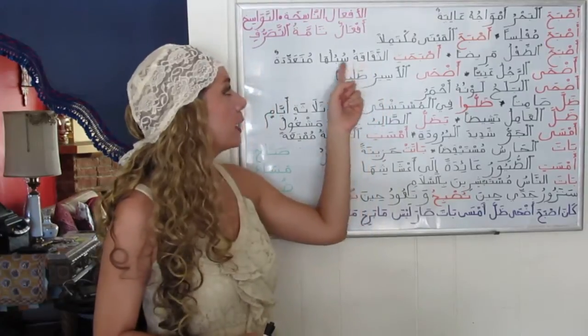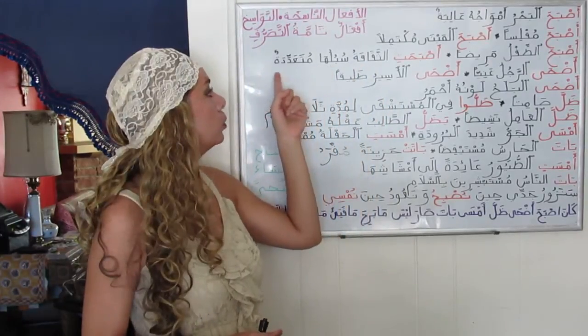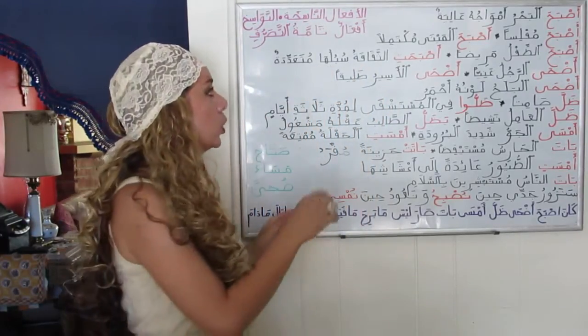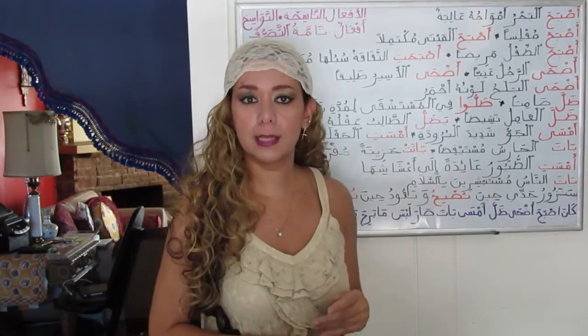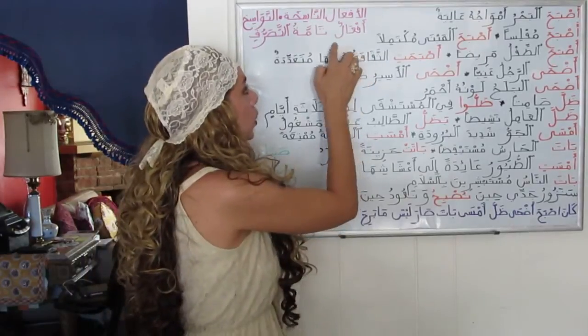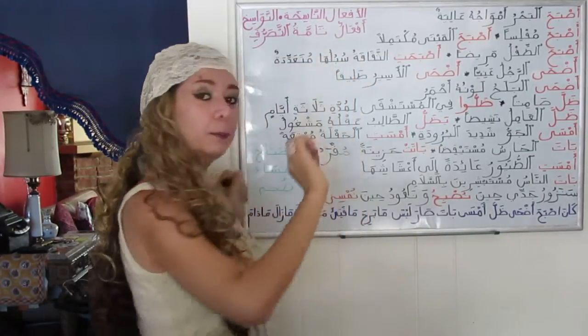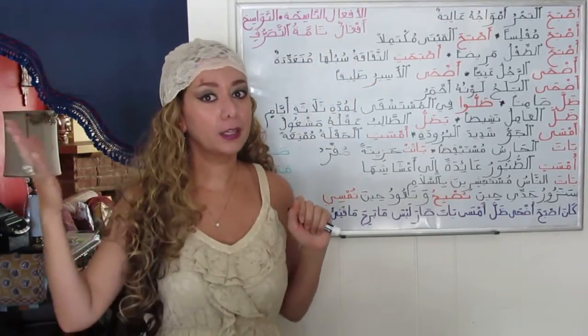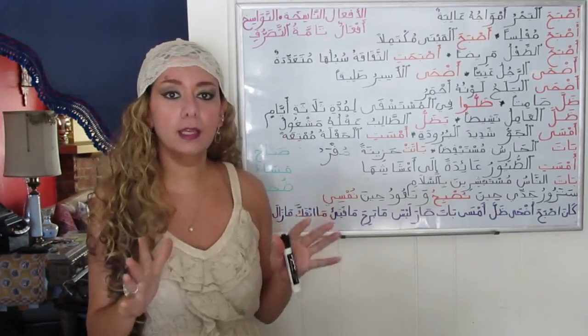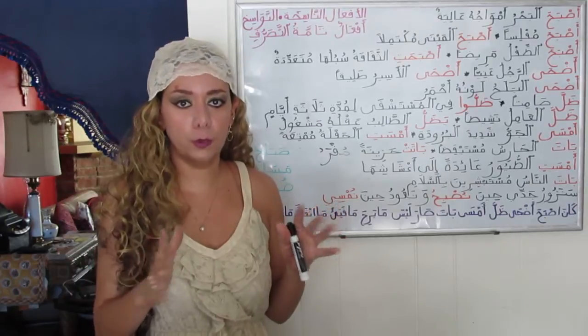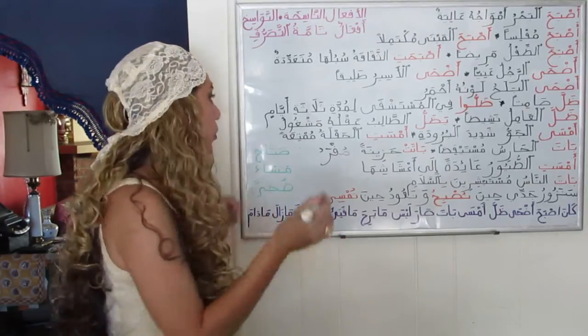أصبحت الثقافة سبلها متعددة. So what is the form of the predicate in this sentence? A nominal sentence, implicitly in the accusative case. But you cannot see the sign of the accusative, which is normally a fatha, with the a sound.